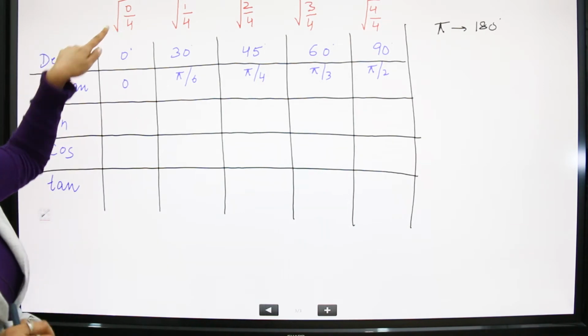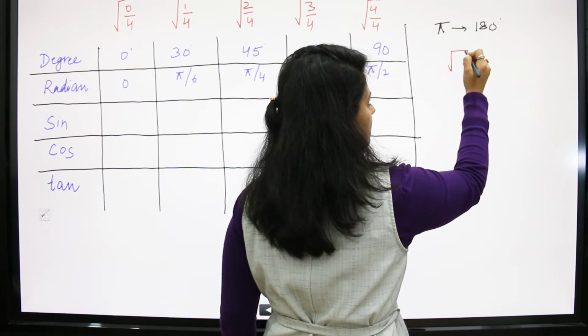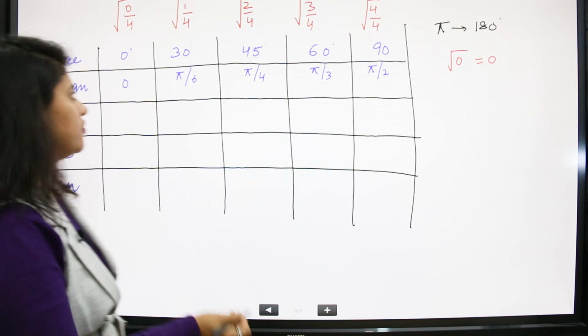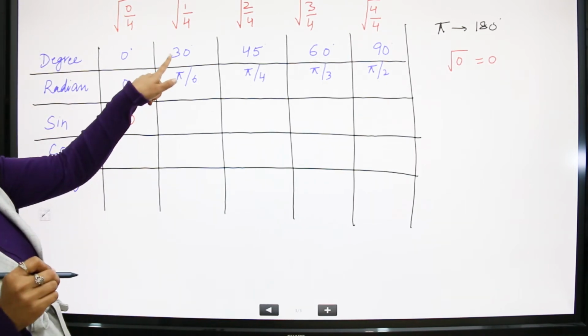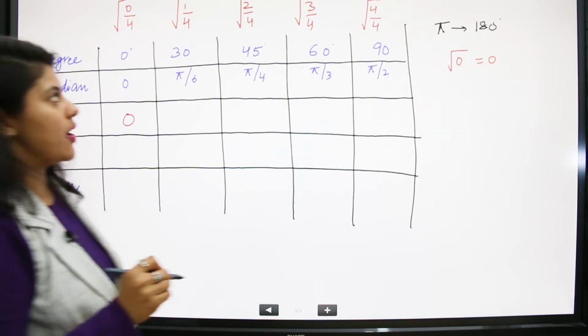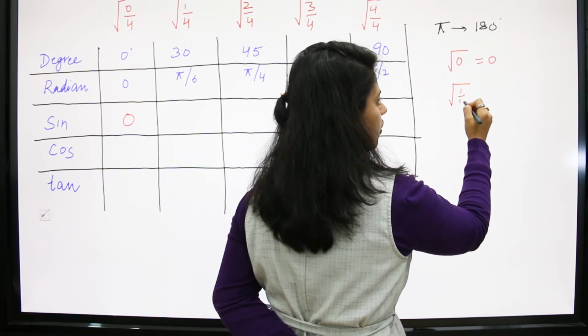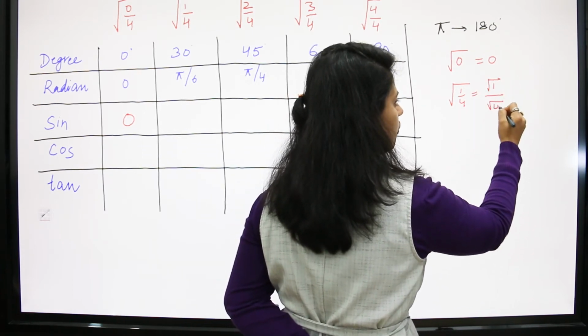0 by 4 can be written as 0, because 0 by 4 is 0 and square root of 0 is 0. So can you write this value as such, 0? Okay. Now similarly for the 30 degree, it's square root of 1 by 4. Can you write square root of 1 by 4 as square root of 1 divided by square root of 4?